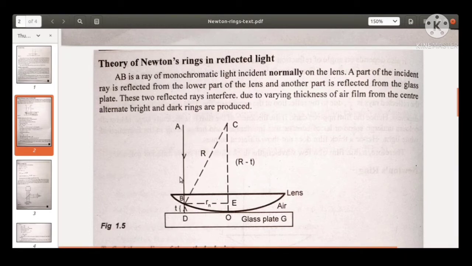So this is the incident ray. We have shown in this picture the incident ray, and a part of this is reflected from the lower part, and another part is reflected from the glass plate, and these reflected rays interfere, and due to the varying thickness of this air film we will get alternate dark and bright fringes.